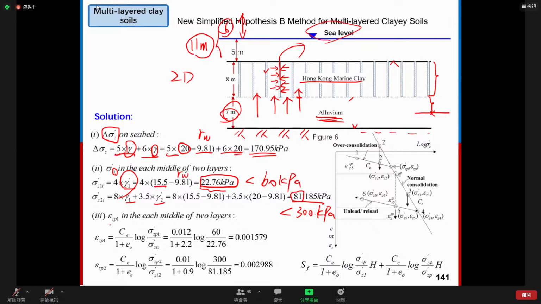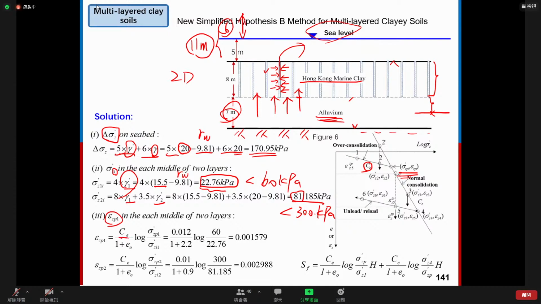So how do we calculate the strain at the pre-consolidation stress? We can know that we only utilize the slope, Ce, which is good enough, right? Because all of them are smaller than the pre-consolidation stress, which means they are all in an over-consolidated state.